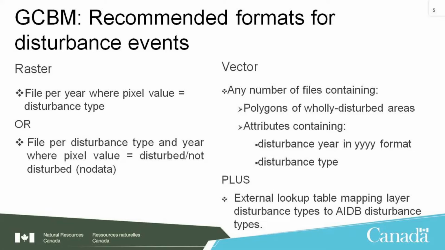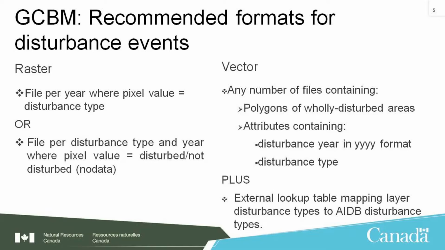In terms of the disturbance events format for the GCBM, the model can use any spatial layer format, and a raster file can be per year, where the pixel value equates to the disturbance type, or the file can be per disturbance type and year, where the pixel value equates to 0 or 1 bits indicating disturbed or not disturbed. The GCBM can also use any number of vector layer files, with those files containing polygons of completely disturbed areas.